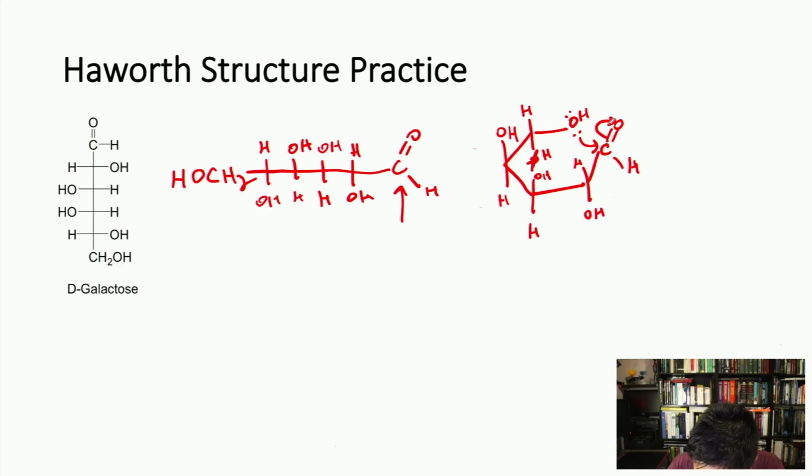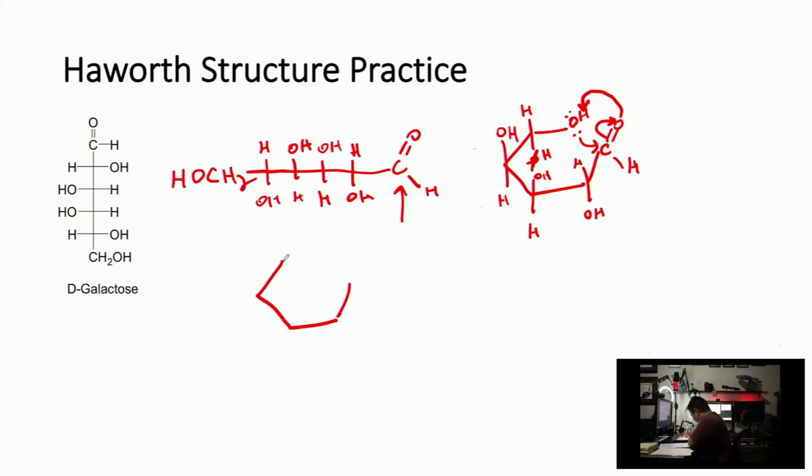And so now this oxygen has extra electrons from the double bond, and those electrons can come over and take that hydrogen, right? So what are you left with then?